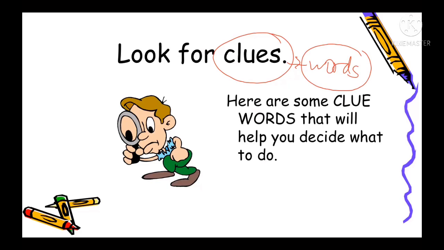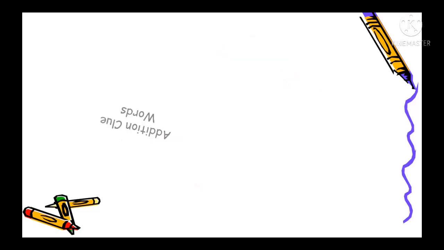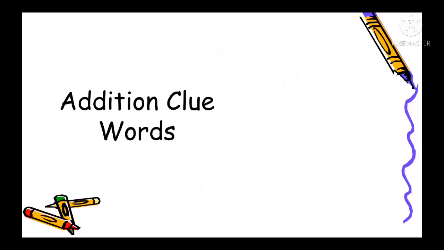So these are the clues. Of course, we will start with addition. These are some of the addition clue words, the basic clue words that we can identify in a word problem where we are going to use addition. So listen well.